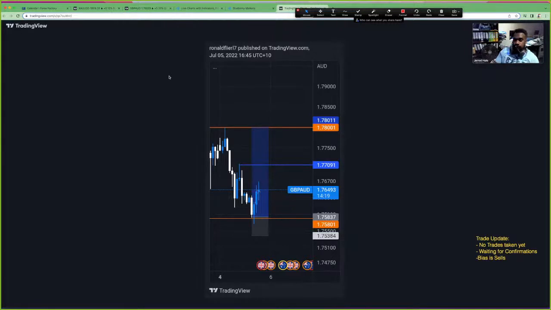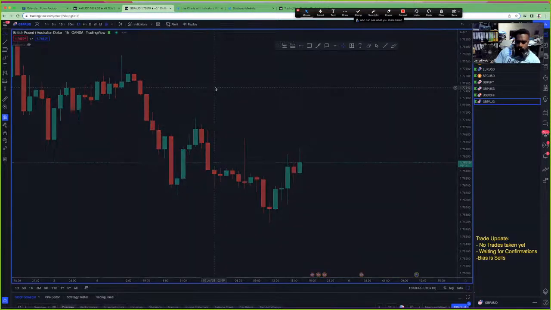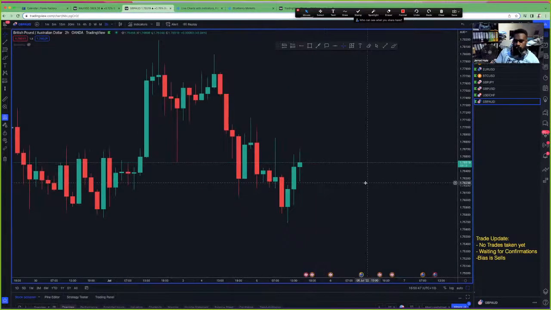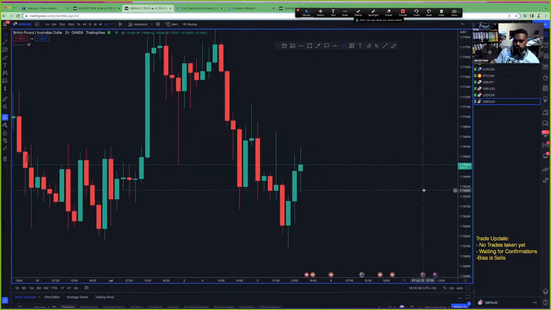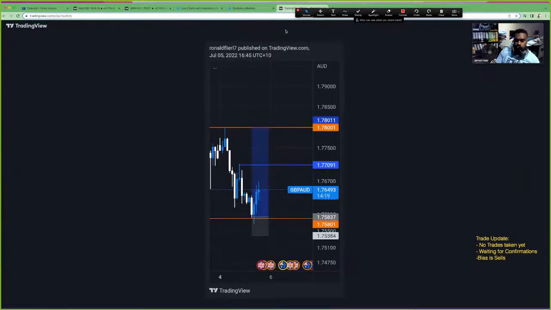Oh, 2 hour time frame. I see. Nice. Ronald trades a 2 hour time frame also. Oh wow. So this candle tapped into the support level. This candle pushed down, grabbed liquidity, flipped, and this is where Ronald took this entry.